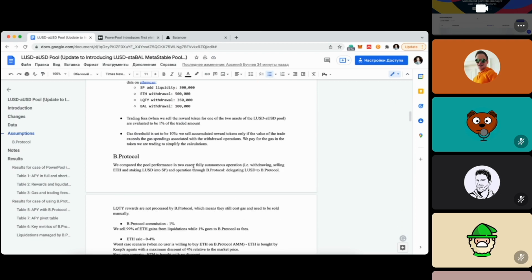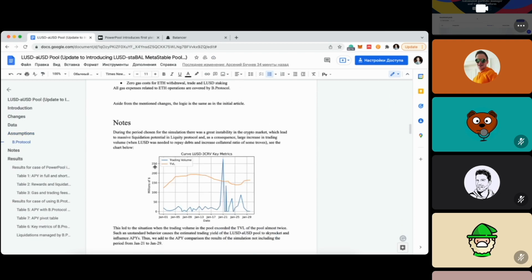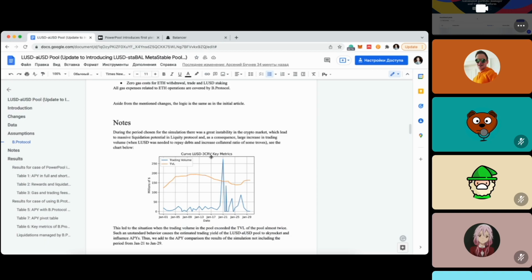Also, we took into account that during the experiment, there were a lot of liquidations and a lot of trading volume. So this is a chart for TVL in the Curve LUSD treasury pool, because it's a reference pool for us, as LUSD doesn't have any other pool with liquidity that we can use as a reference for now.